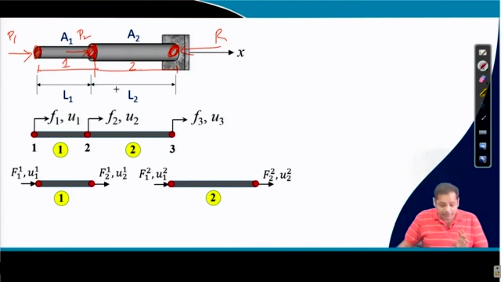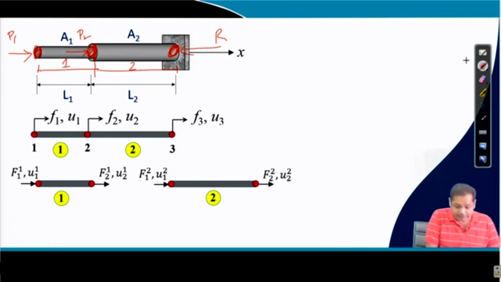Now, once we have this, let us see the element level diagram. So for element 1, you have F1, U1, and then you have F2, U2.